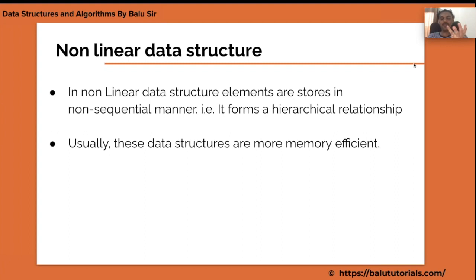So, the conclusion for now: what is data, what is a data structure, what are the real-time applications of data structures, and what types of data structures are there? Data means any piece of information. Structure means the representation of the memory. A data structure always tells about the representation of the memory.